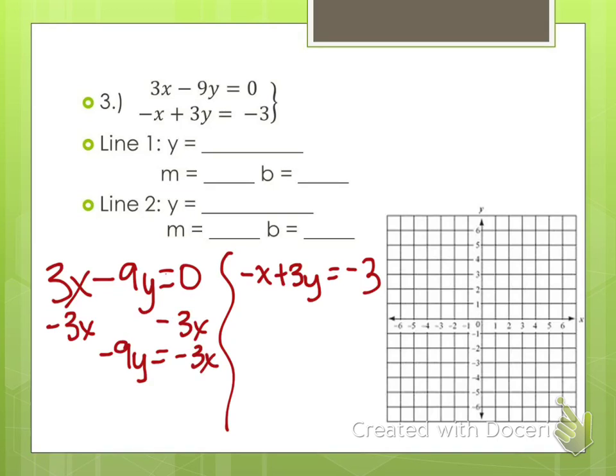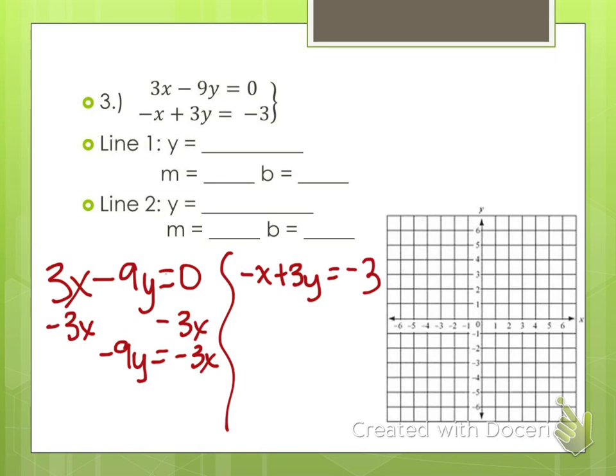If you would like to write the +0, you can, but we are not going to most of the time. Shannon, what would you do next to get y by itself? Oh, subtract x on both sides. We already did that, so we got negative 9y equals negative 3x. Oh, you already did it. After that, what would we do?